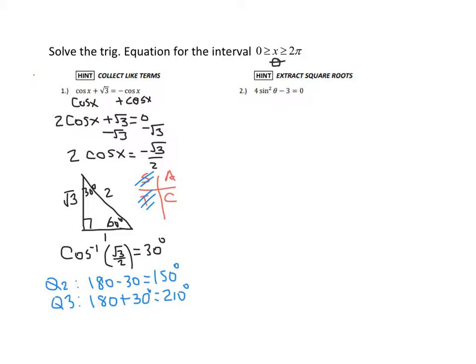The 30 degrees I got here is the same as pi over 6. And this is 30 times 5, so this is the same as 5 pi over 6. And this one is 210, which is the same as 30 times 7, so it's going to be 7 pi over 6. And that is the answer. I'm just going to highlight my answer right there.